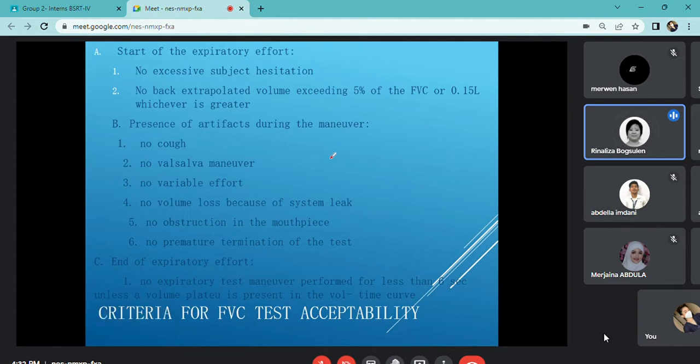So first is there is no excessive subject hesitation. How will you know that there is no subject hesitation? You look at your back extrapolated volume. Your back extrapolated volume should not exceed 5% of the FVC or 0.15 liters, whichever is greater.